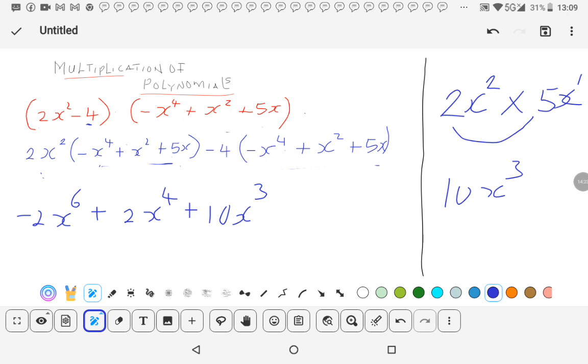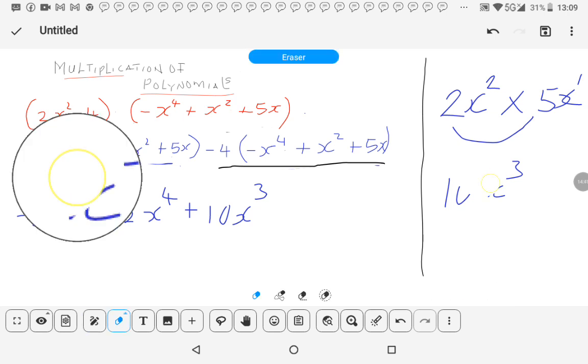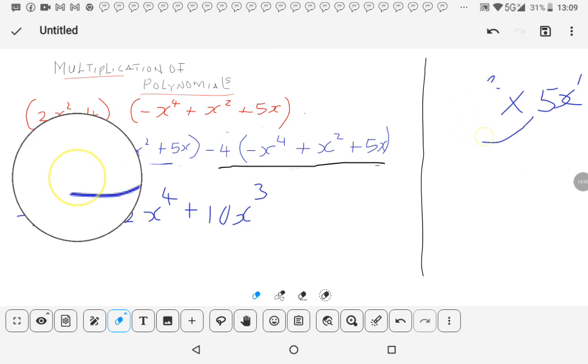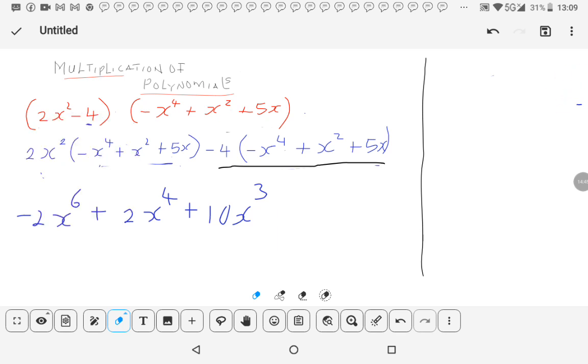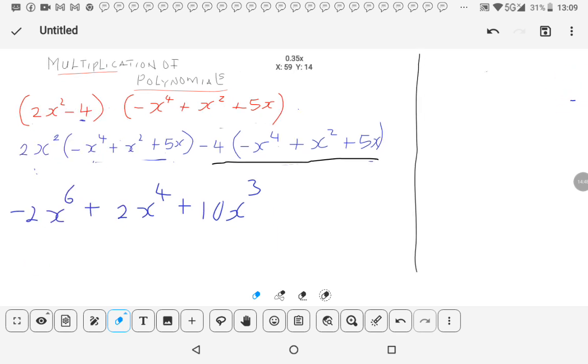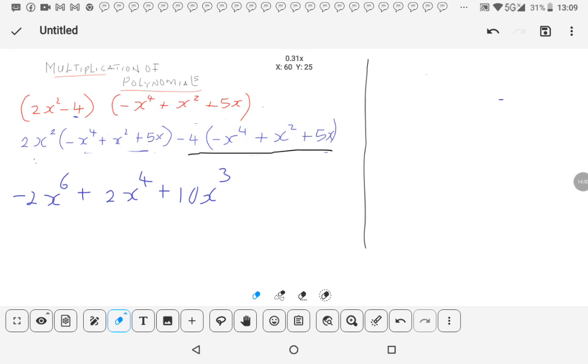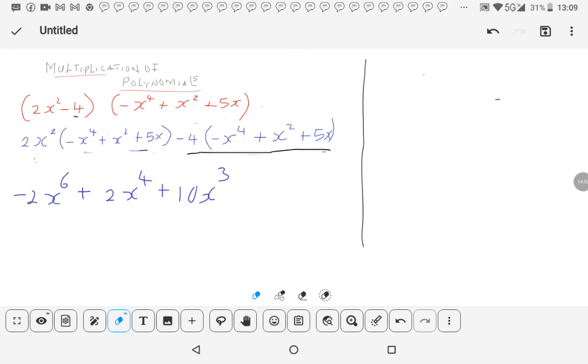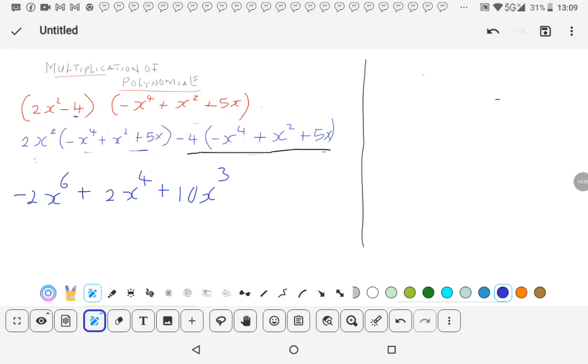Then the next one is to expand the other bracket, which is this. You're multiplying minus 4 with every value in the bracket. So let's continue with the expansion and see the results. The first value there, we have minus 4 times minus x raised to the power of 4.